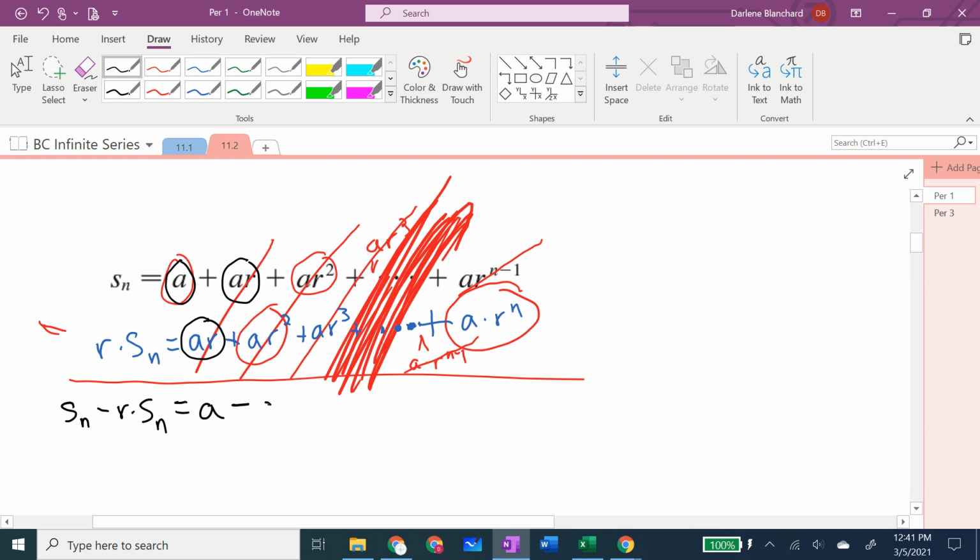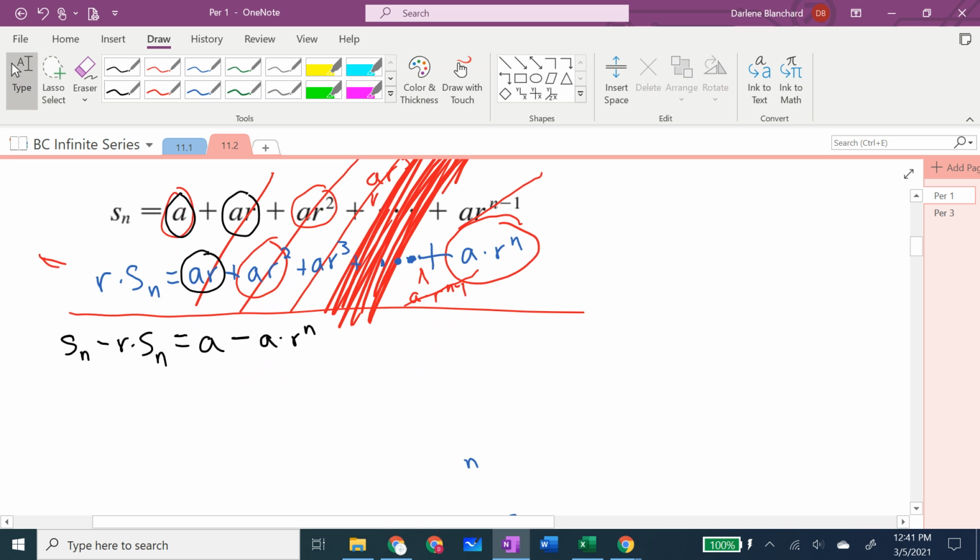So this equation holds to be true. And then to get a formula for s sub n, I'm going to first factor s sub n from the left side. That will leave the left side as 1 minus r.